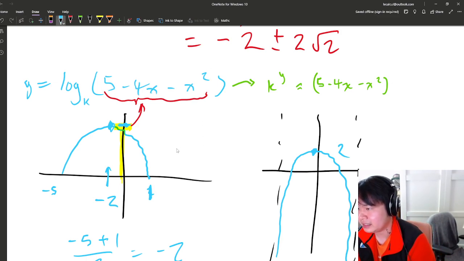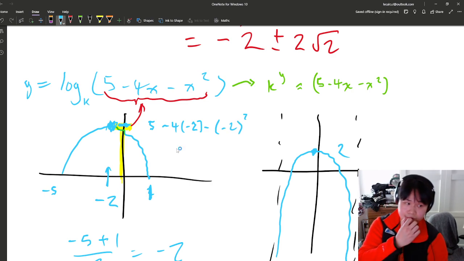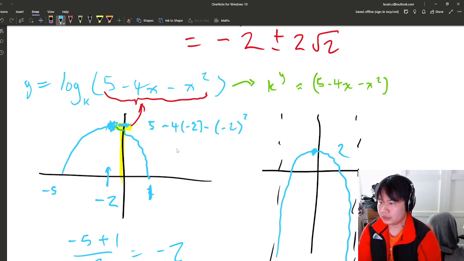So this value here is 5 minus 4 times -2 minus -2 squared. Okay, what the heck is this? 5 plus 8 minus 4, so 9? Okay, so this is 9.